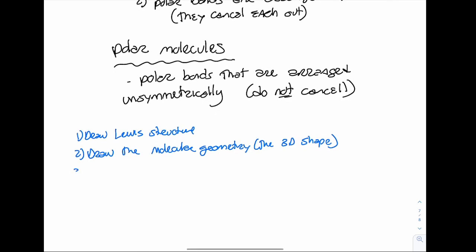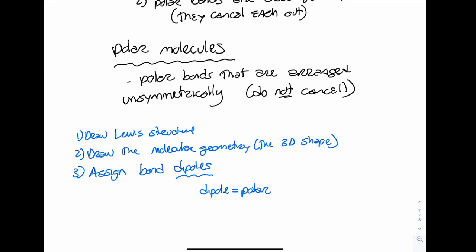We're going to assign bond dipoles. I might not have used the term dipole before. When I say assign bond dipoles, we're saying assign polar bonds. So if something has a dipole, it's polar. Right, di means two, so it has two poles, it has two ends, a partial positive end and a partial negative end.